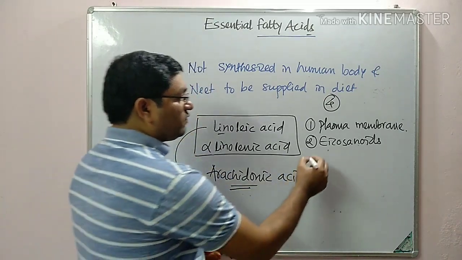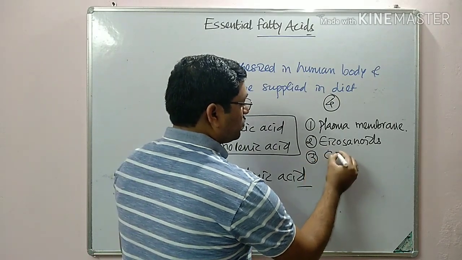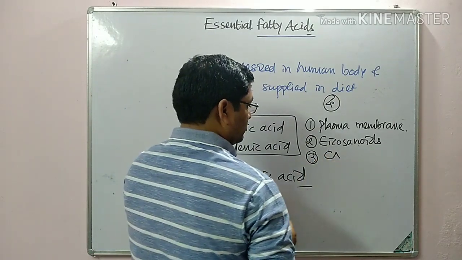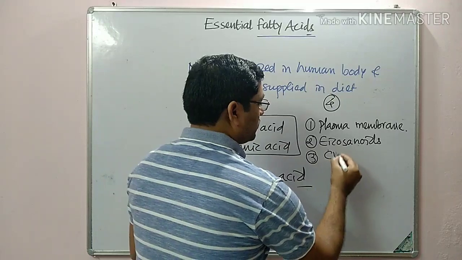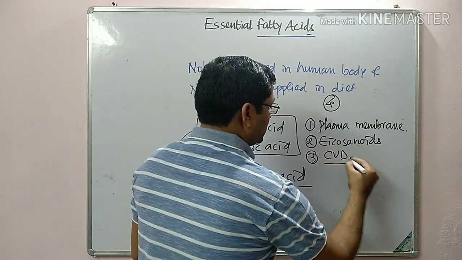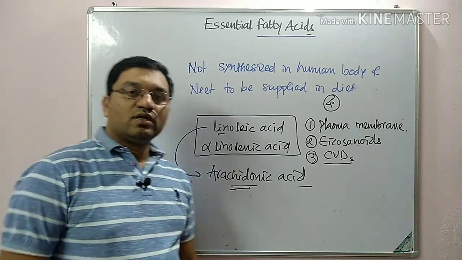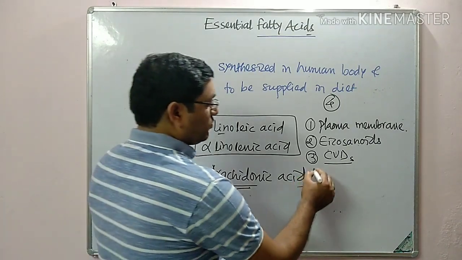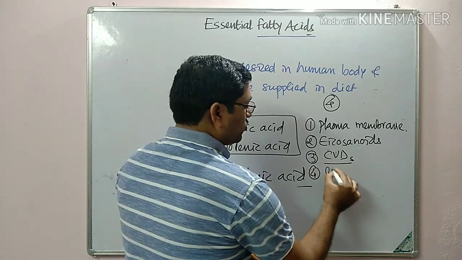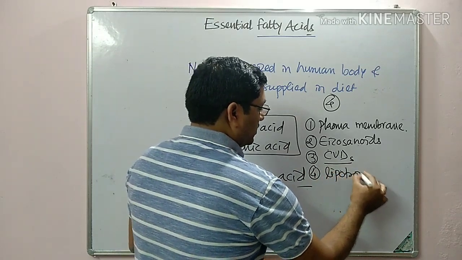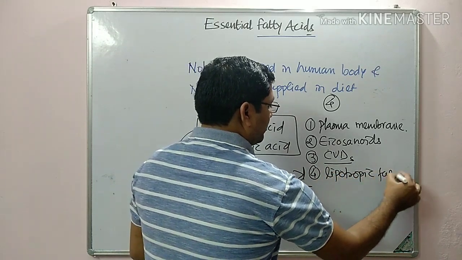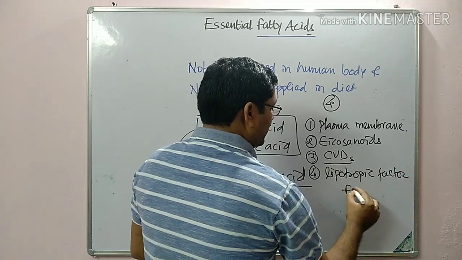Then the third important function is that they prevent us from cardiovascular diseases. And the fourth important function is that they act as a lipotropic factor, so they prevent us from fatty liver.